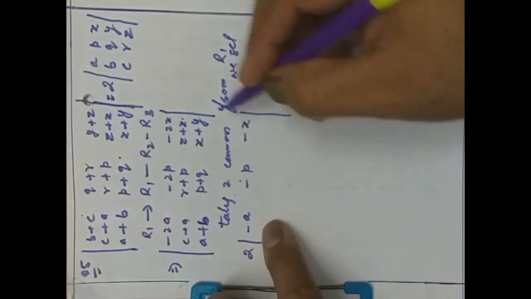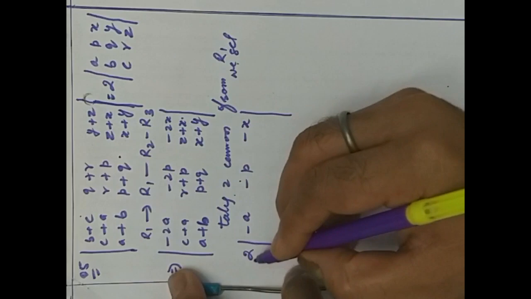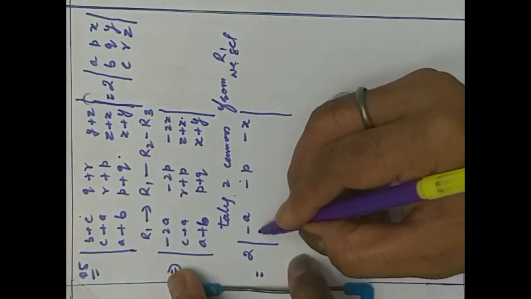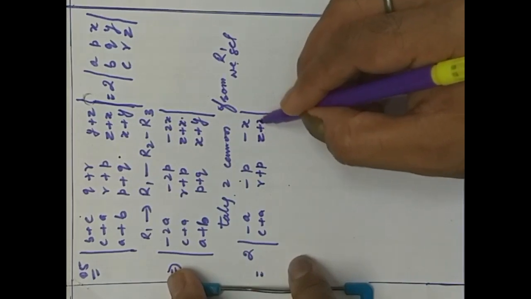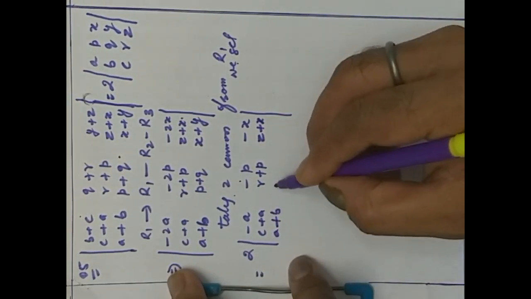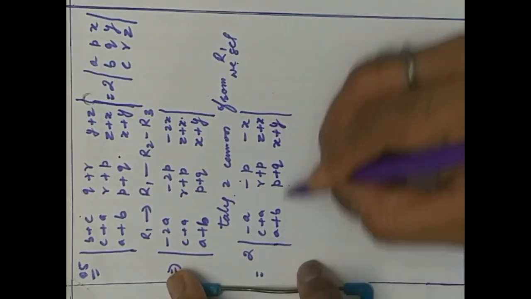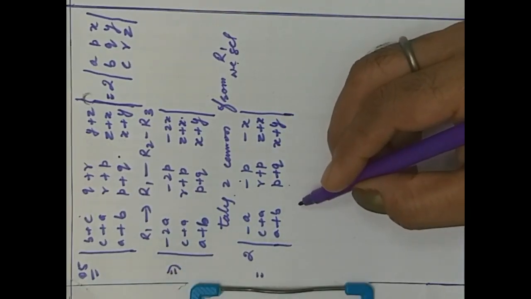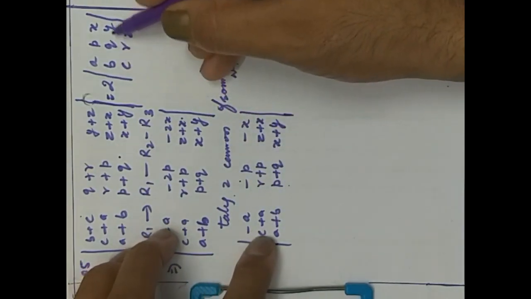We got the first row, this A, P, X of the right hand side, and the 2 multiple outside as well. Then next is C plus A, R plus P, Z plus X, A plus B, P plus Q, and X plus Y. Now we need to think over how we can get the second row into B, Q, Y.